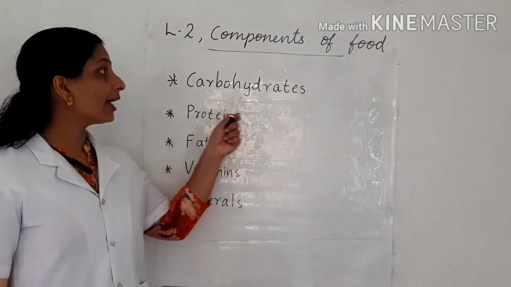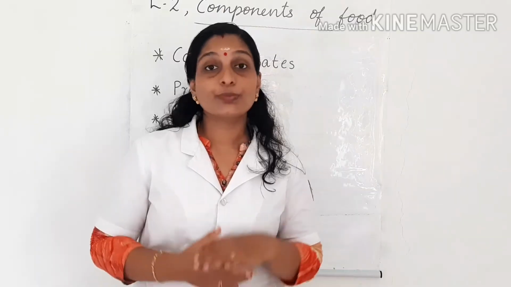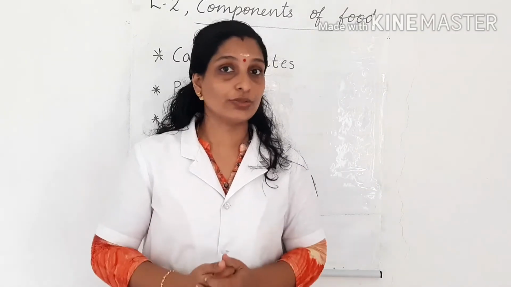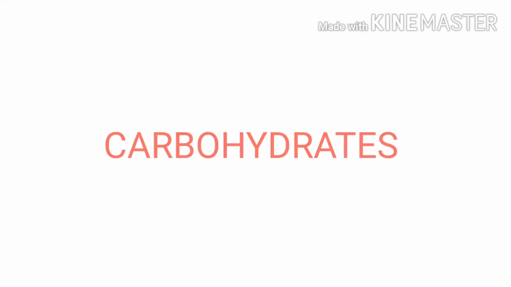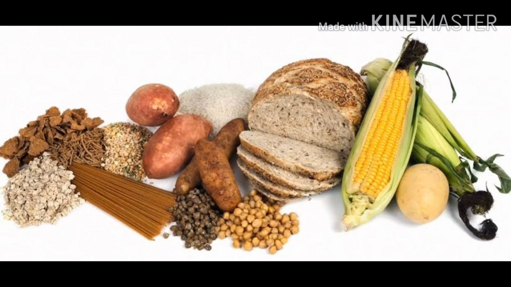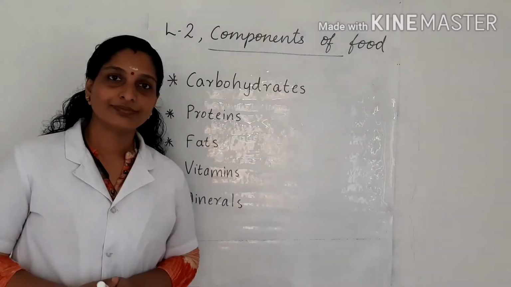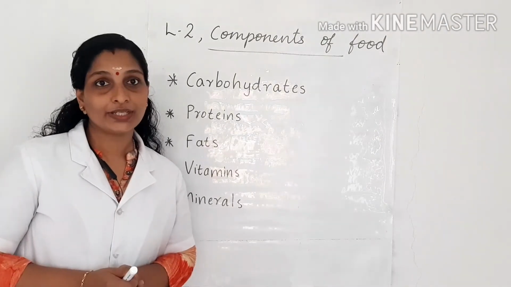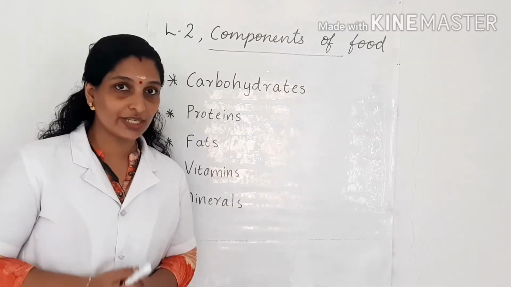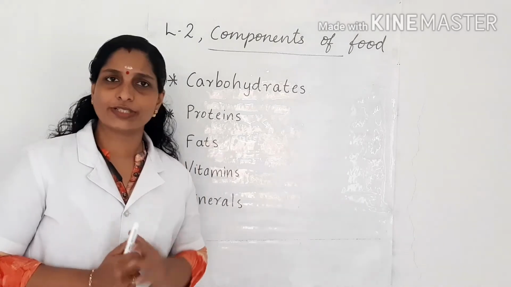First one is carbohydrates. Carbohydrate is the main source of our energy. In this picture, you can see some food items which contain carbohydrates. Potato, corn, bread, some pulses, rice, sweet potato, oats, etc. In our food, carbohydrate is present mainly in 2 forms.